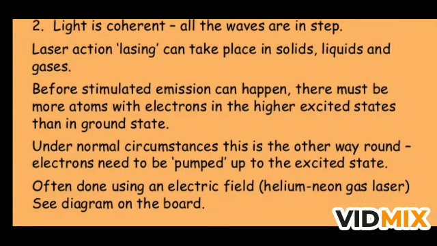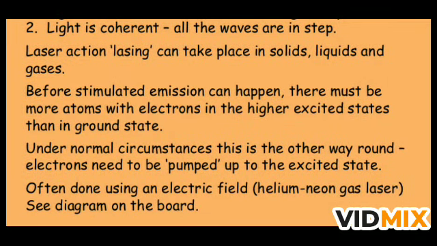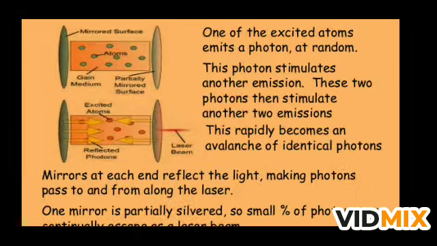Before stimulated emission can happen, there must be more atoms with electrons in the higher excited state than in the ground state. Under normal circumstances, this is the other way round. Electrons need to be pumped up to the excited state, often done using an electric field. See this diagram.